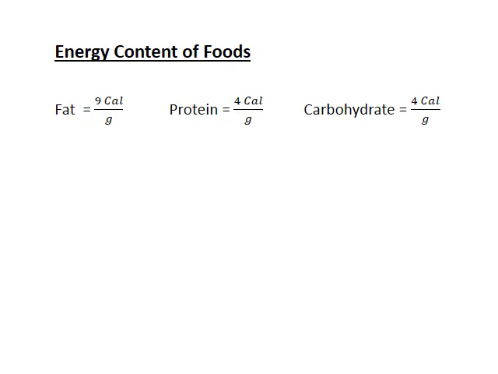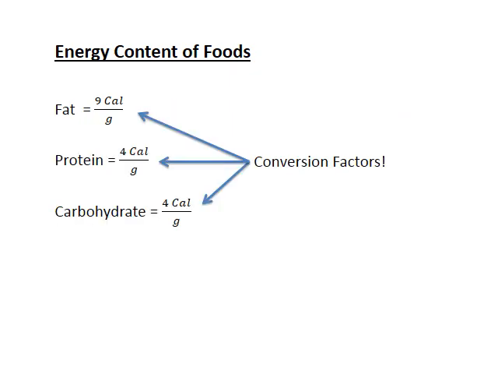So 9 calories per gram of fat, 4 calories per gram for protein, and 4 calories per gram for carbohydrates. And if you really think about it, and I tipped this slide sideways for some reason here, these are conversion factors. Anytime I've got two different units stacked on one another, then what I have is a conversion factor. So these allow me to go back and forth between calories, big calories, kilocalories, and grams of that substance.